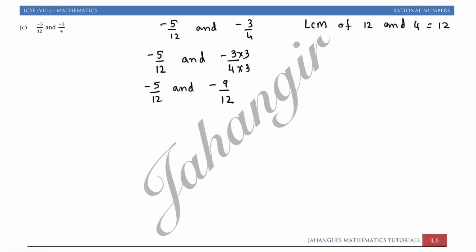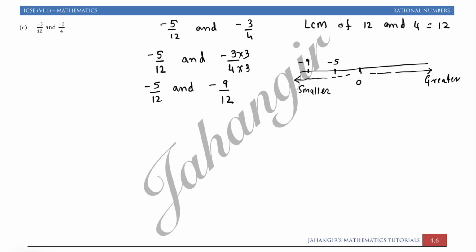As you see, when we have negative numbers, it starts from 0. As we go to the right, it becomes a greater number. As we go to the left, it becomes a smaller number. So if you see, minus 5 comes first and minus 9 comes later. So minus 9 by 12 is smaller than minus 5 by 12.